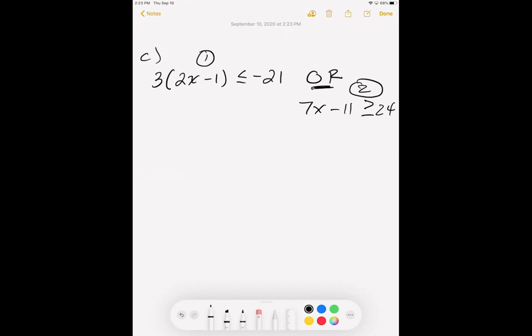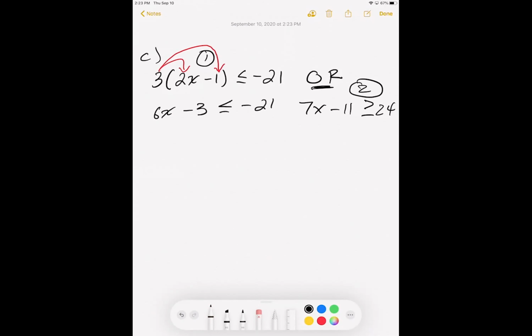Just like before, we need to get rid of the parenthesis by distributing. If you distribute, we have 6x minus 3 less than or equal to negative 21.